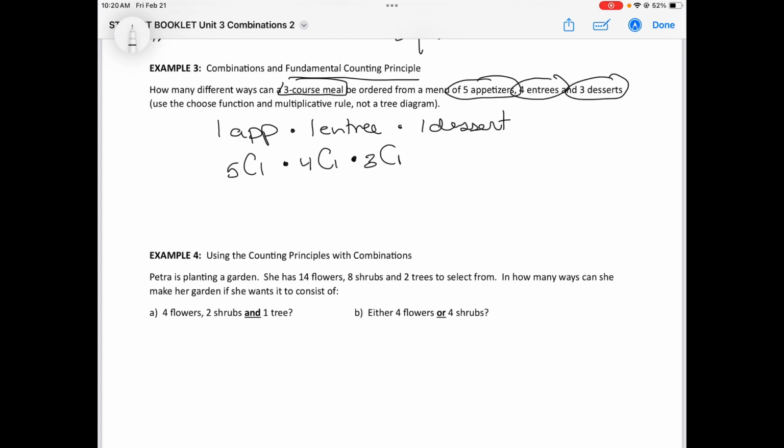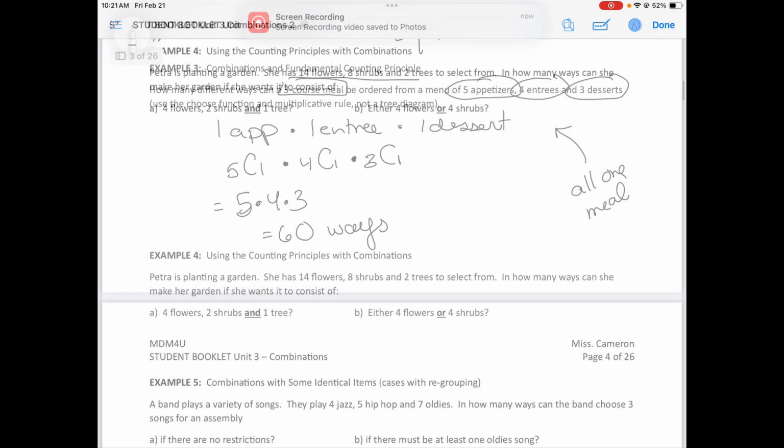And if we actually put this into our calculators, we get 5 times 4 times 3. Okay, so we get 60. 60 ways to choose your 3-course meal. Okay, so this is all one meal. These things are happening at the same time, so it's multiplication.